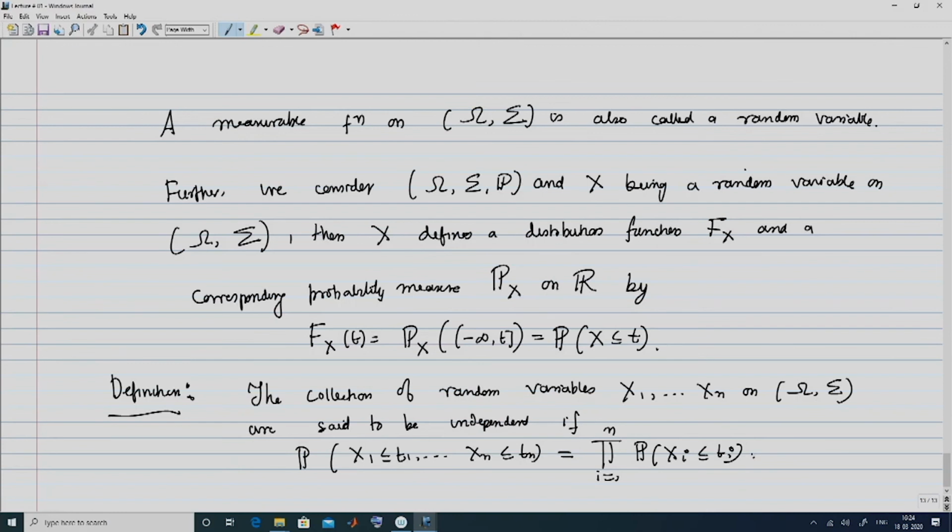So, just to sum up what we have discussed today, we talked about probability space, we talked about a finite discrete probability space, and then we extended this to general probability space. We talked about the probability mass function, probability density function, the distribution function, and we discussed the definition of the random variables in both the setups along with the definition of independence in both the discrete and the continuous setup.